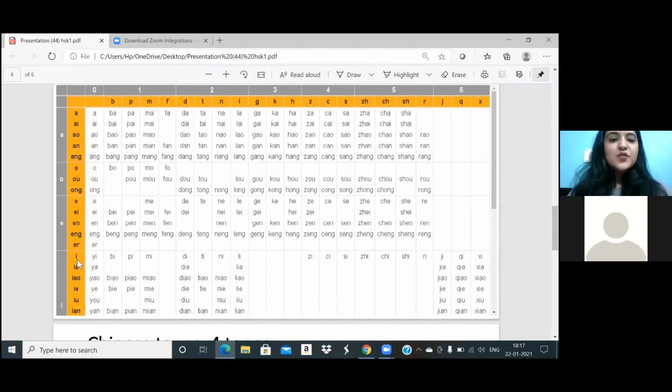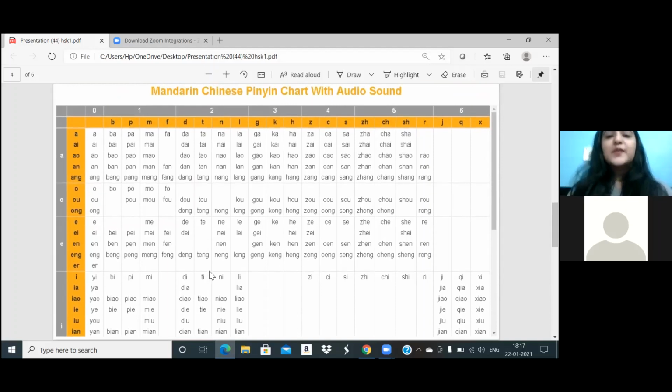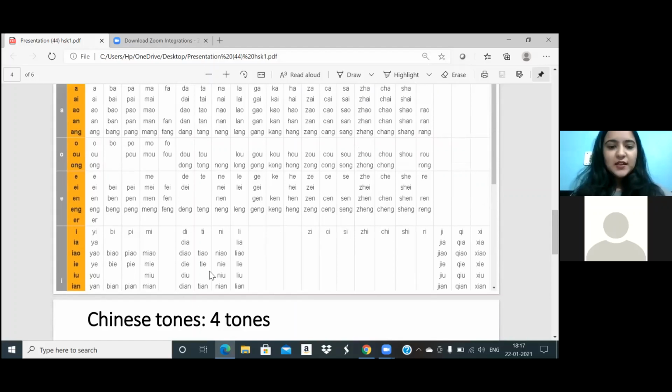So when we join these two together, we form a word in Chinese. So this pinyin chart is very important in the Chinese language. As we further study, I'm going to explain all this chart to you, because in Chinese, every word is pronounced very differently.